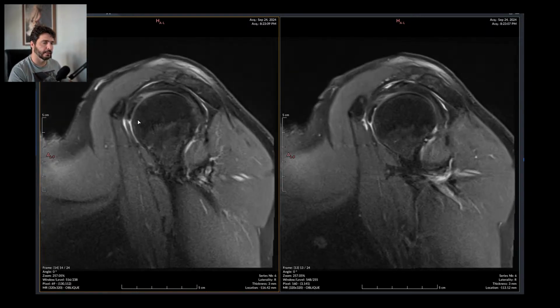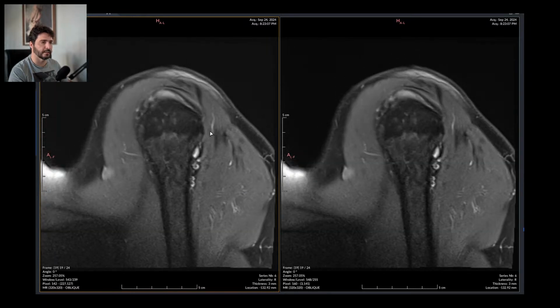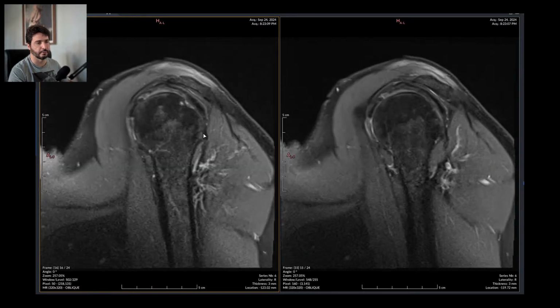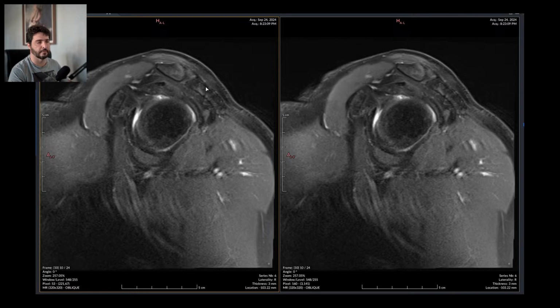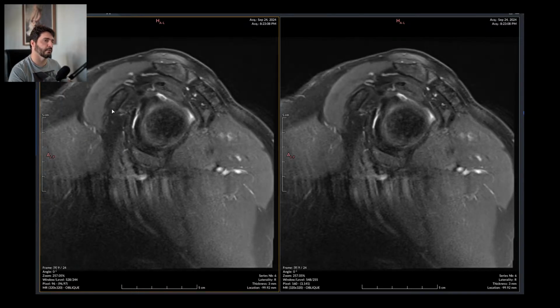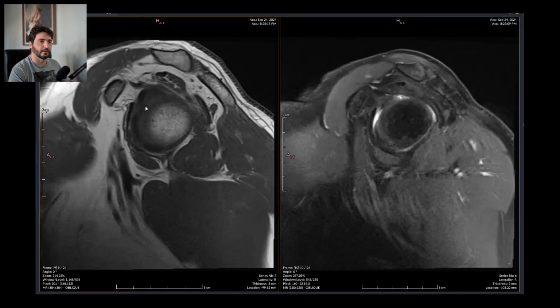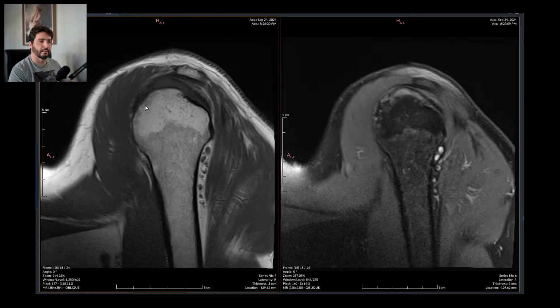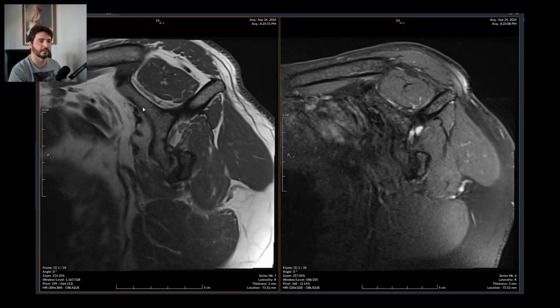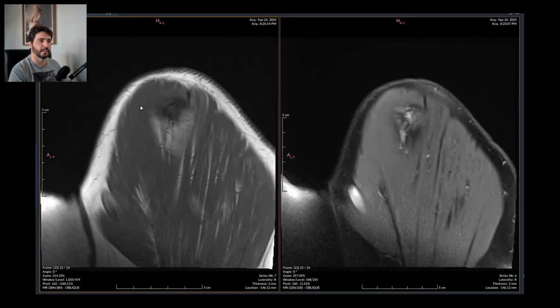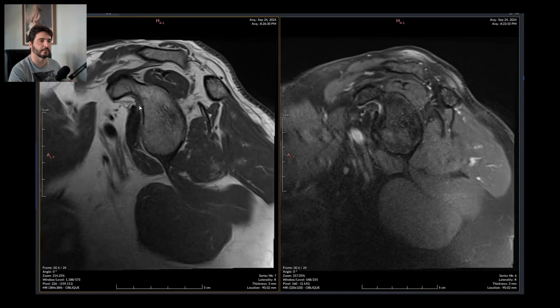Mild tendinitis of the subscapularis and the infraspinatus, and also arthrosis and os acromiale. I might be pronouncing that wrongly, but this is as much as my Latin skills go.